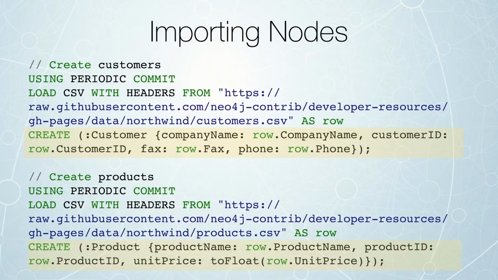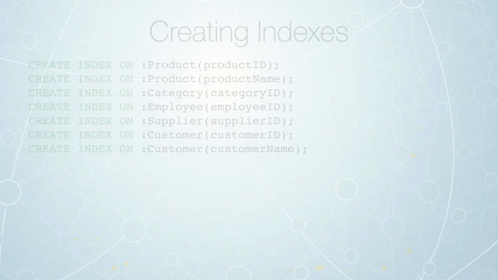So I'm creating a new customer node with properties company name, customer ID, fax number, phone number, using the values that are in the CSV. It's that easy to create your initial nodes. In this case, we have customers and products, and then you create your indexes.